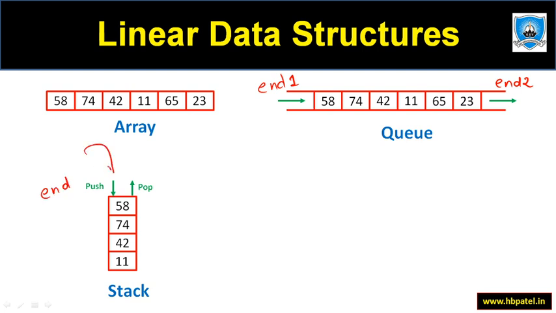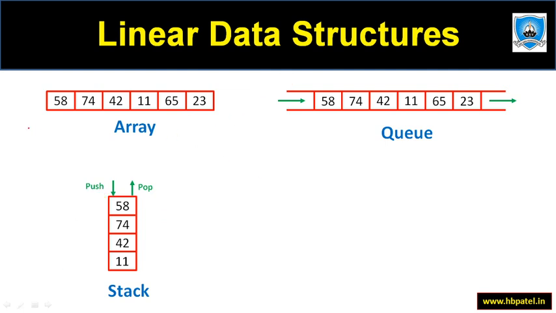So insertion and deletion is done from one end only. Insertion is called pushing. So pushing is nothing but inserting or adding an item, and popping is also called removal or deletion of an item. So that is done from the top of the stack. So this is nothing but the top of the stack. So this is the second category. We'll see them in detail.